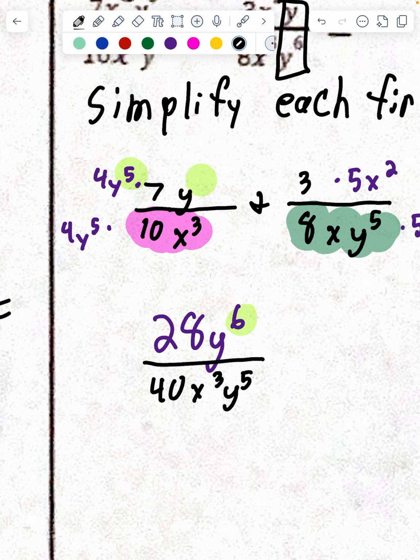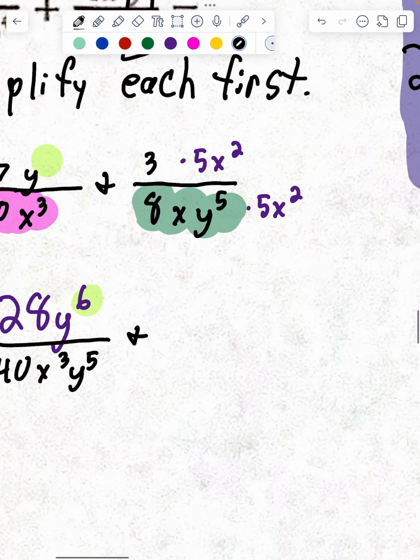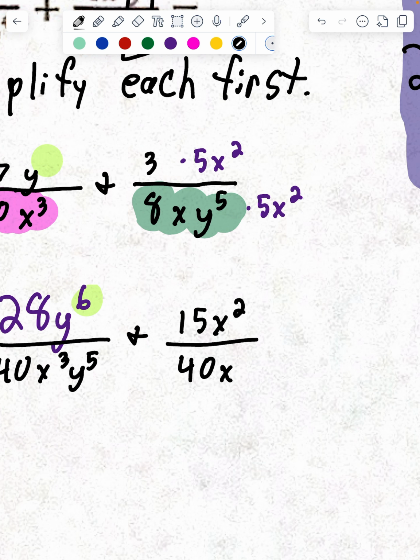I'm going to add that to 3 times 5x squared, which is just going to be 15x squared over. My LCM will be the same because it has to be the same if I'm going to add this up. It would be 40x cubed y to the fifth.